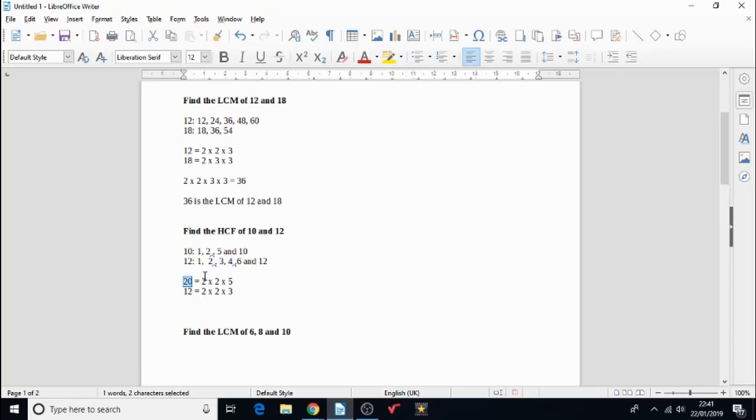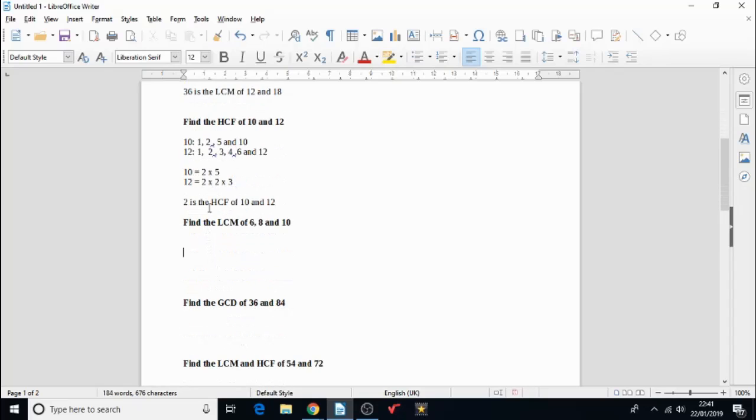So for 10, because 2 is in both numbers as a factor, that's why it's the highest common factor between the two. So 2 is the highest common factor of 10 and 12.